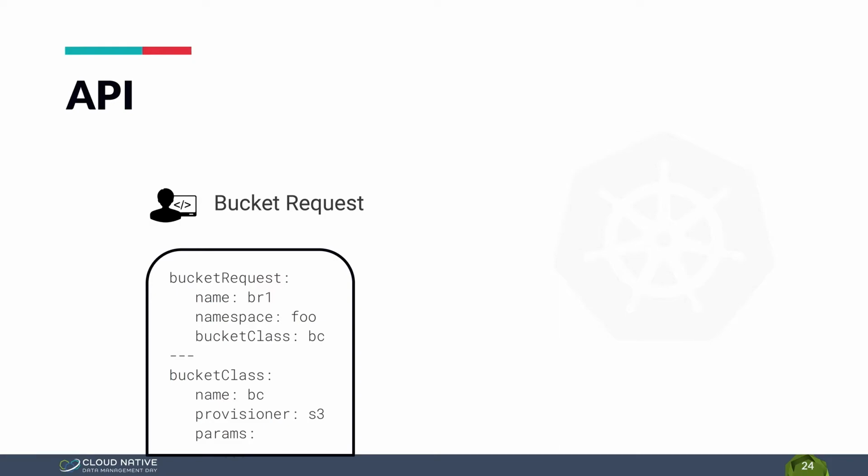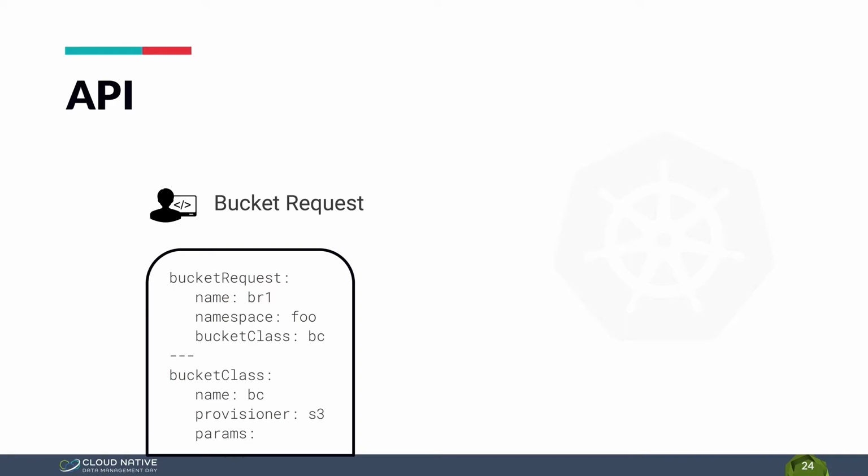So when COSI sees this bucket request, you'll notice another thing other than namespace: there's also a bucket class. I've shown the bucket class here, and there is no namespace field there. So bucket class is not something that the developer will be able to create. It's something for an admin to do. But I've shown it here. I will expand on it a little later in a few slides from now, but let's keep going here.